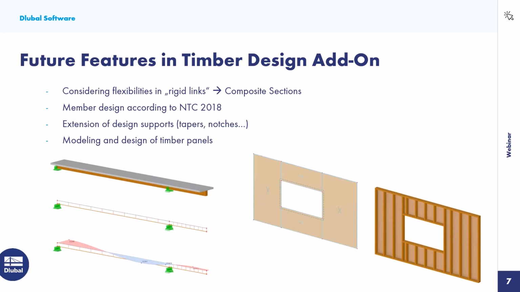And the next big step is that we plan to release a new surface type to model timber frame walls. You can see it here on the bottom right side. We will release it step by step. In the beginning, you can only consider it for the stiffness, so there is no design done, and only for simple surface shapes.